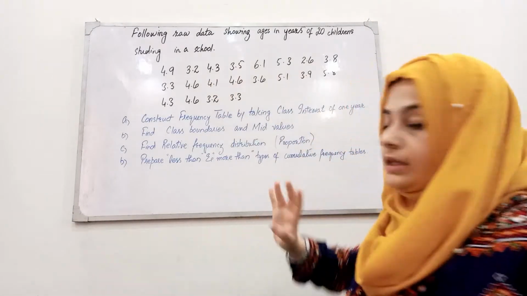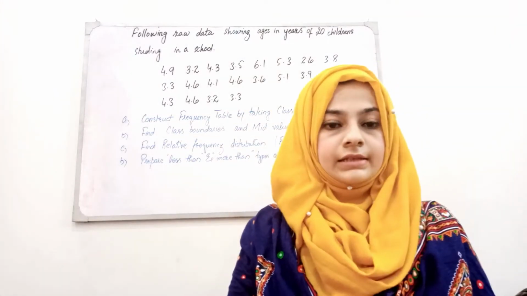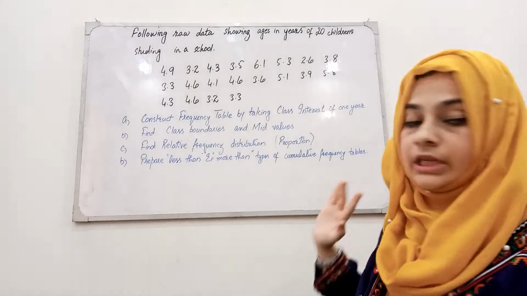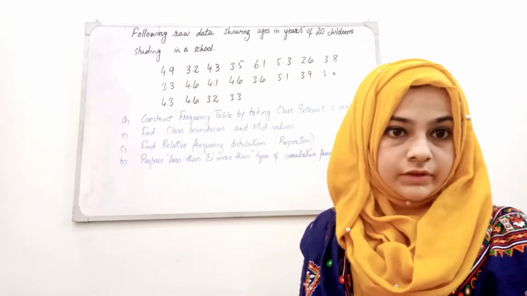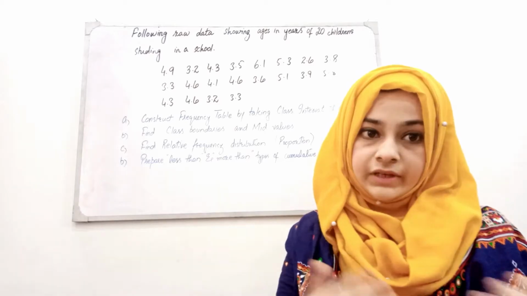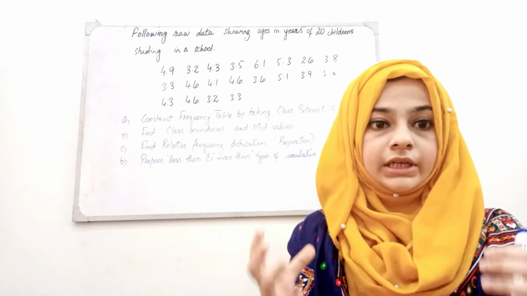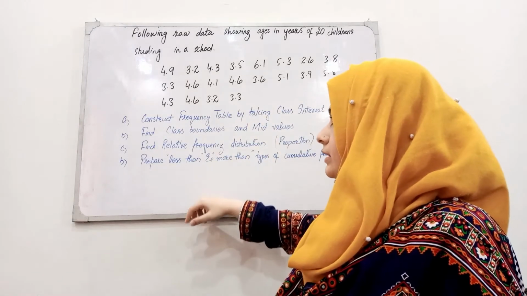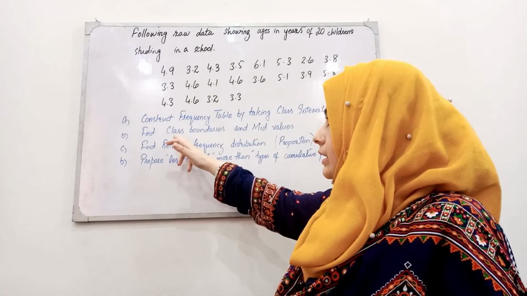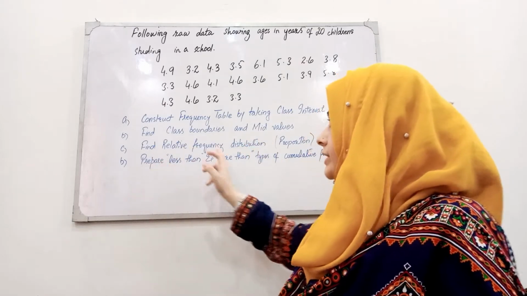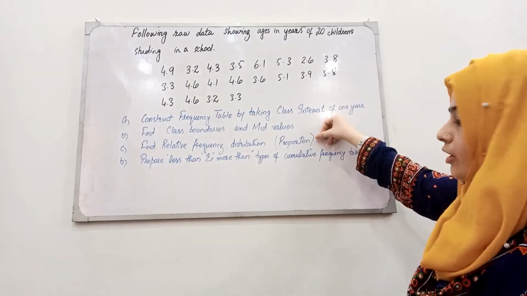This is the data. Now the examiner says to first construct a frequency distribution table by taking the class interval, as I have told you in the previous lectures how to calculate the class interval. Then in the second part, the examiner says find class boundaries and mid values. Find relative frequency in the form of the proportion.